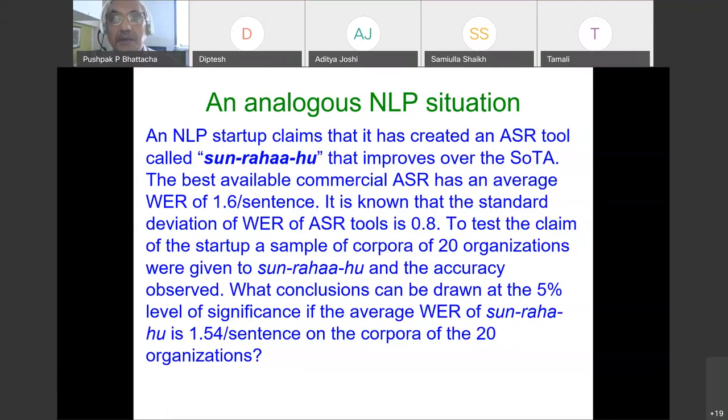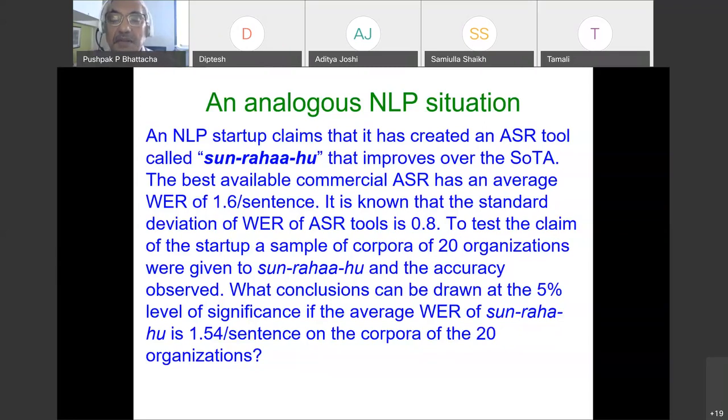So you measure the accuracies of ASR tools, and you get word error rate of 1.6, 1.7 maybe, and 2.2, and so on. And you observe all this data and find out that the standard deviation of word error rate is 0.8.